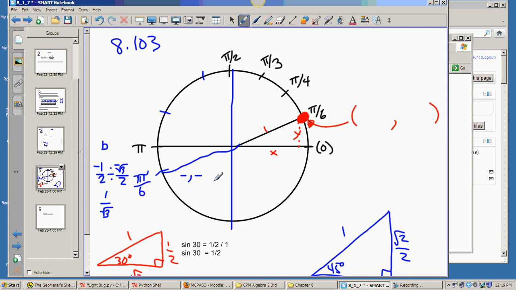So that's how you can do that. Now figuring out these points I think you'll be fine with, because remember that's just sine of whatever, cosine of whatever. So I'm going to give you guys, or the sub will give you, about 15 minutes to complete A and B for 103 by pausing it now.